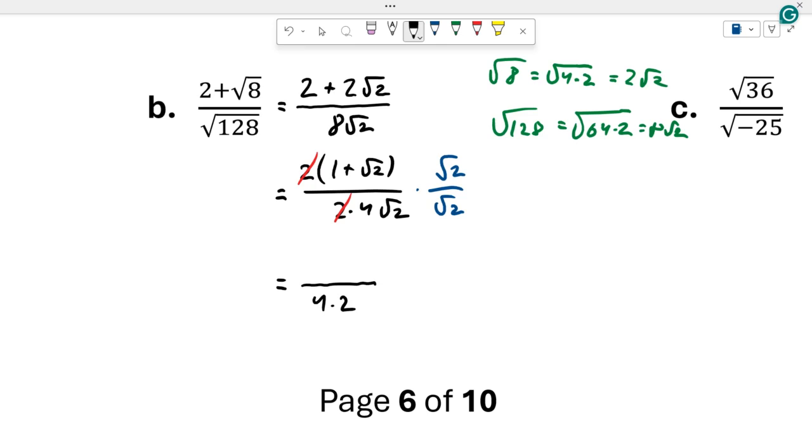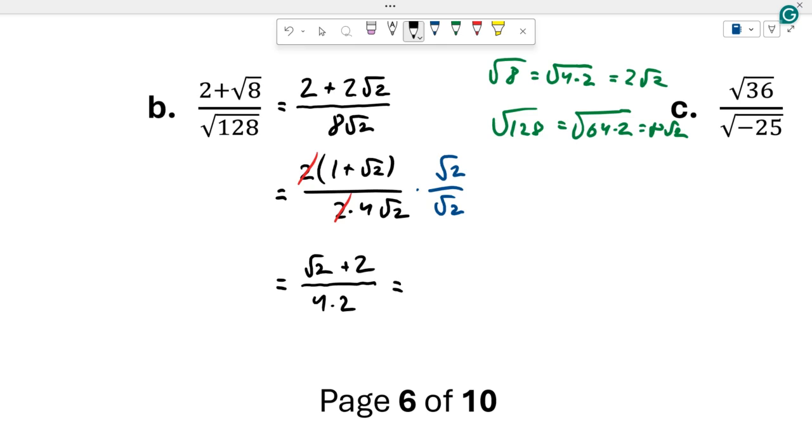In the numerator, that root 2 is going to be applied to both terms, okay? The parentheses kind of go away because the 2 goes away, but then it's almost like the parentheses come back because that root 2 is going to get distributed to both terms. So root 2 times 1 is root 2, and root 2 times root 2, for the same exact reason as in the denominator, is just 2.